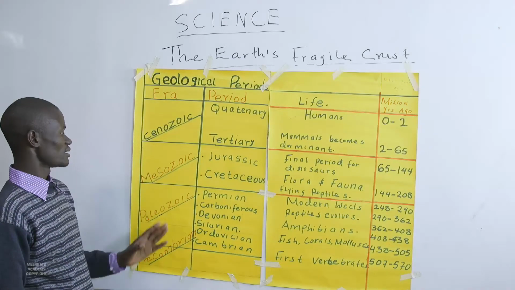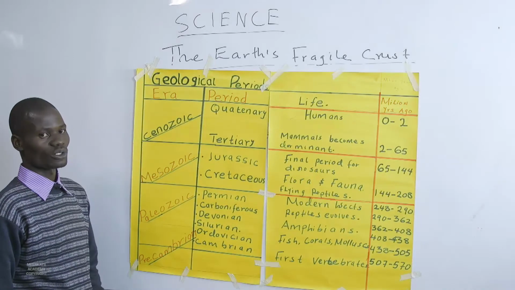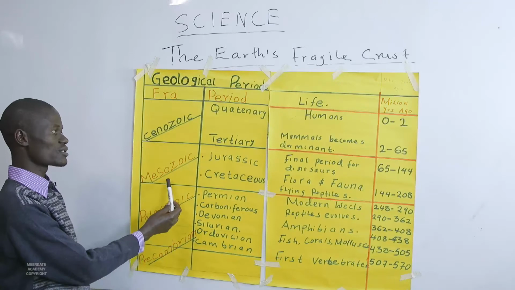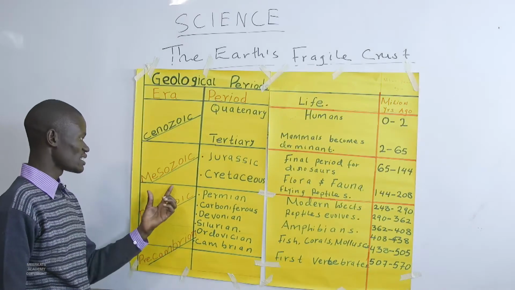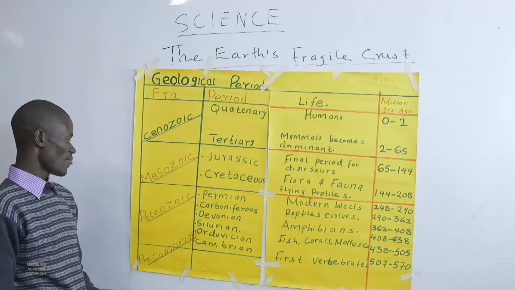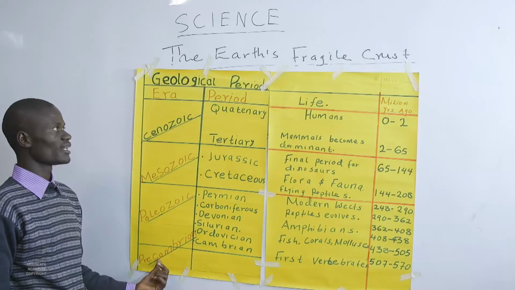There are main eras that can be counted: the Cenozoic era, the Mesozoic era, the Paleozoic era, and the last one is the Precambrian era.